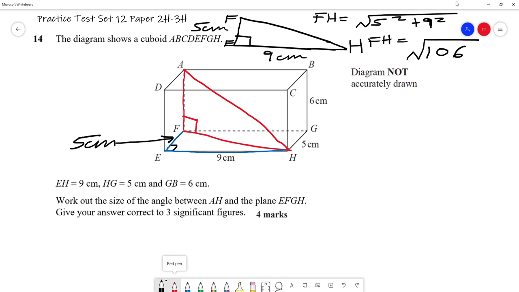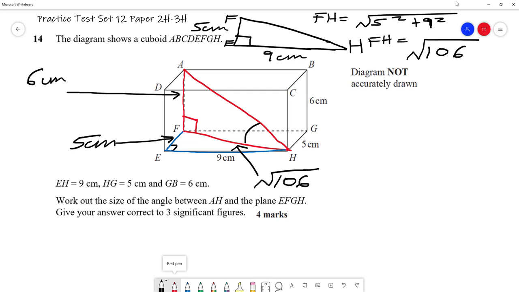So I now know that this side, FH, is the square root of 106. BG is 6. Now, that means AF is exactly the same length. So I'm going to draw an arrow here on AF like that and label that as 6 centimeters.